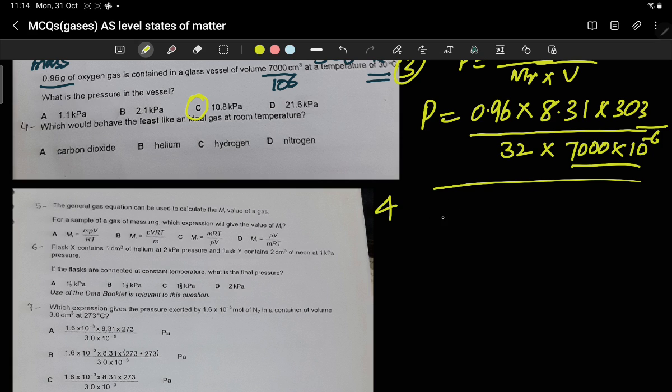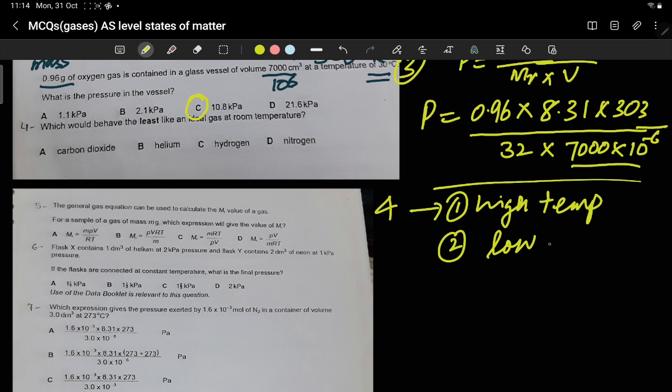At room temperature there is high temperature, and these are two postulates for ideal gases: high temperature and low pressure, where volume is negligible, there are no significant forces between the molecules of gas, and collision is elastic. So this is at RTP. These are the conditions, at room temperature and pressure.